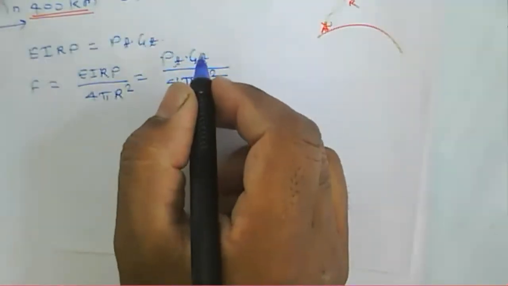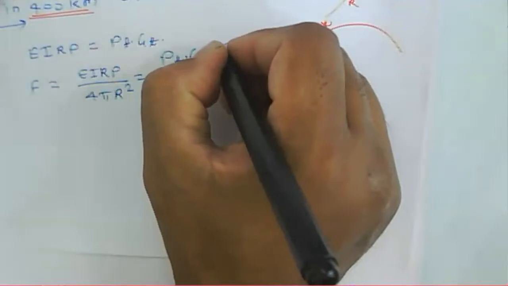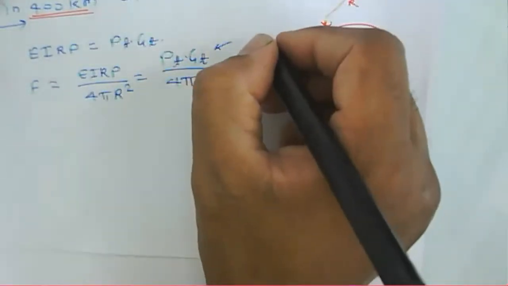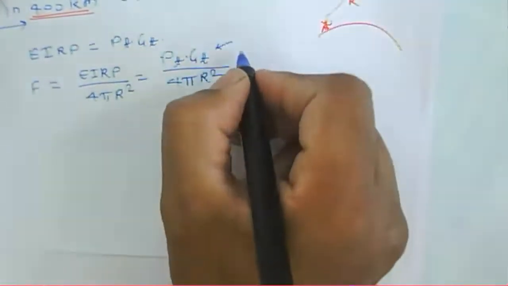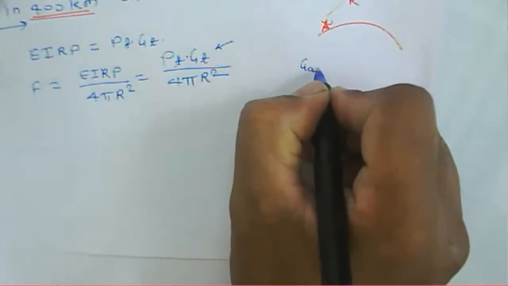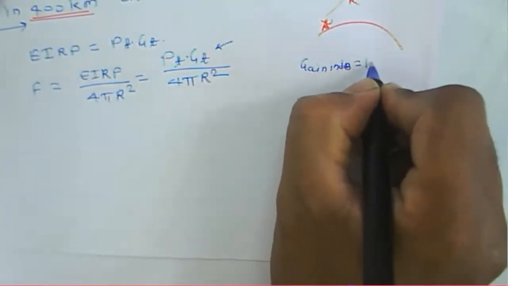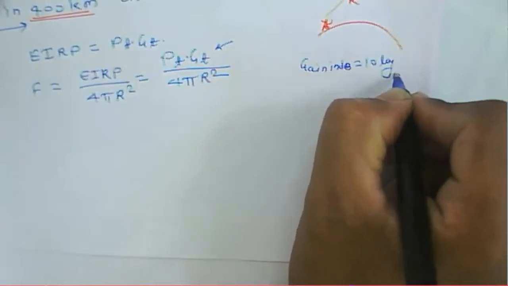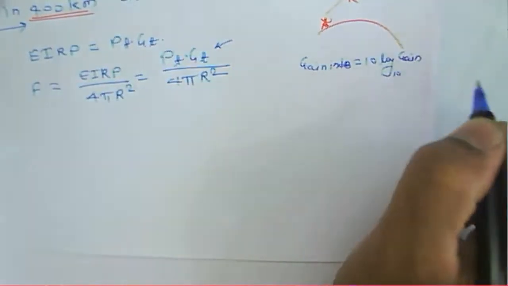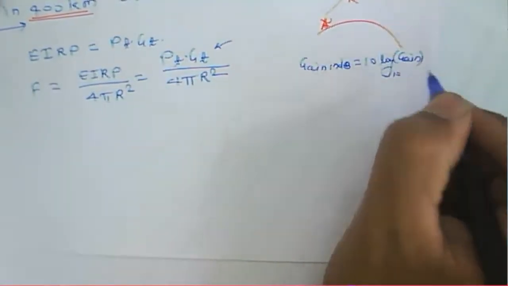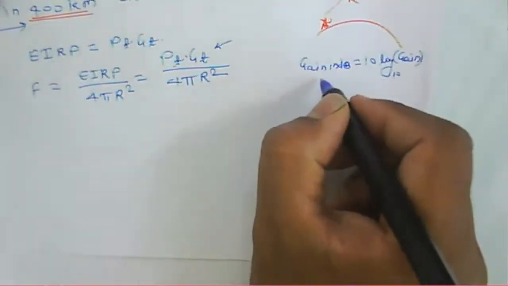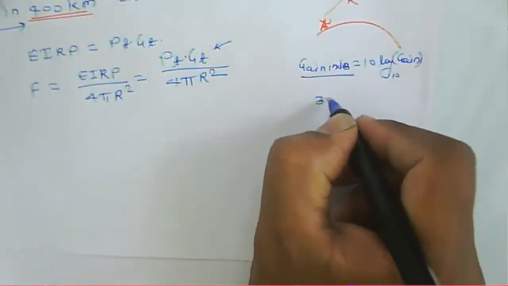For the gain, that is about 30 dB, it is given. Now you convert that gain because it is in dB. So gain in dB is equal to what? 10 log of the gain in number. So now it is given in dB, that is about 30 dB.